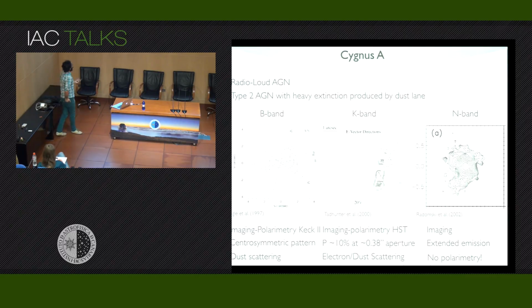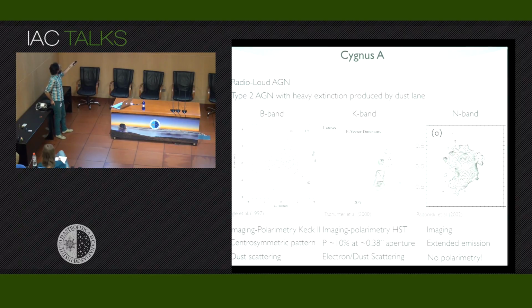If we go to K band with HST, two hours of observation, we also get the ionization cones with very highly polarized scattering, and this central point source core with a different PA of polarization than the ionization cones.